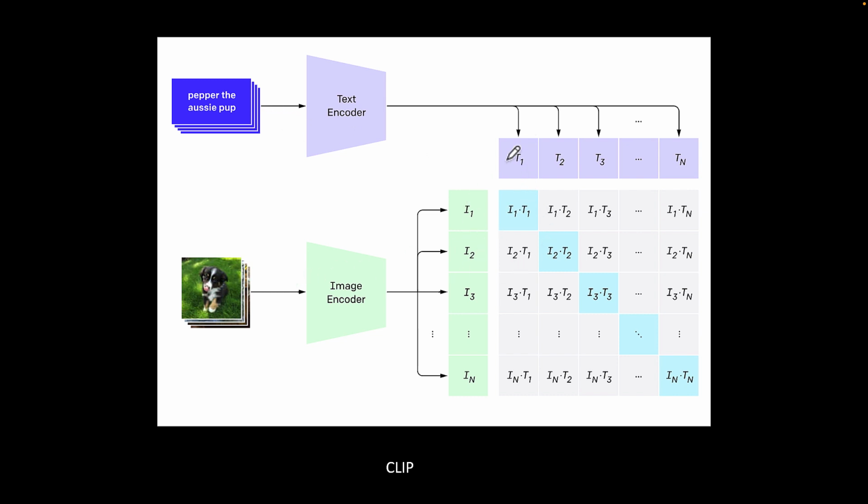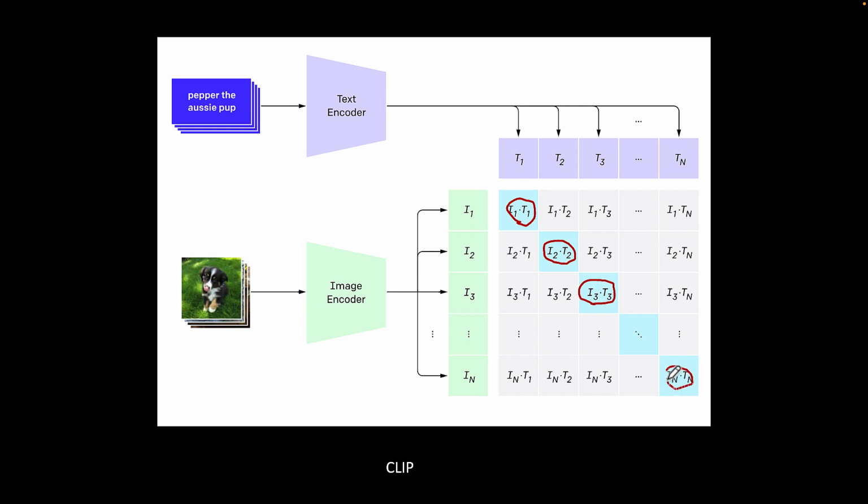Similarly, T2 represents another text, and I2 represents another image. So T1, I1 are correlated to each other, similarly T2, I2. Then we compute the dot product of all of them, and we train the model in such a way that it maximizes the dot product of all the diagonal elements, because there the text and image are close to each other, they are semantically the same, right?